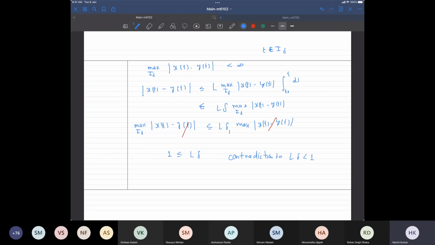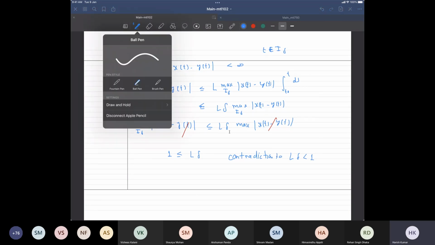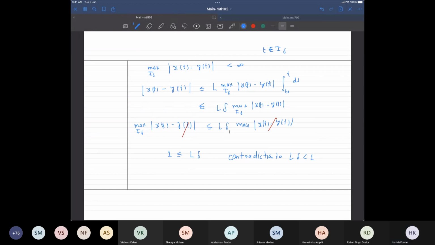So that means this maximum has to be 0. So the solutions x and y are exactly the same function on I delta.